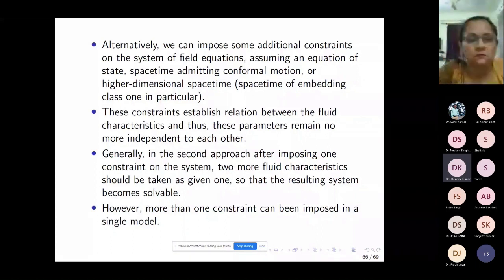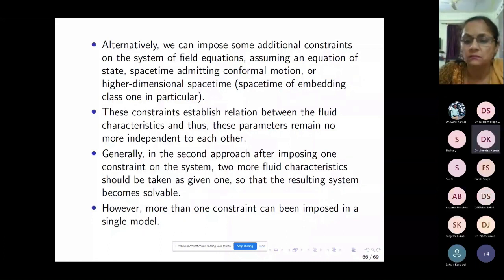Okay, and these constraints establish a relation between the fluid characteristics, and thus these parameters remain no more independent of each other. Generally, in the second approach, after imposing one constraint on the system, two more fluid characteristics should be taken as given. Basically, in the field equations we have 6 unknowns.